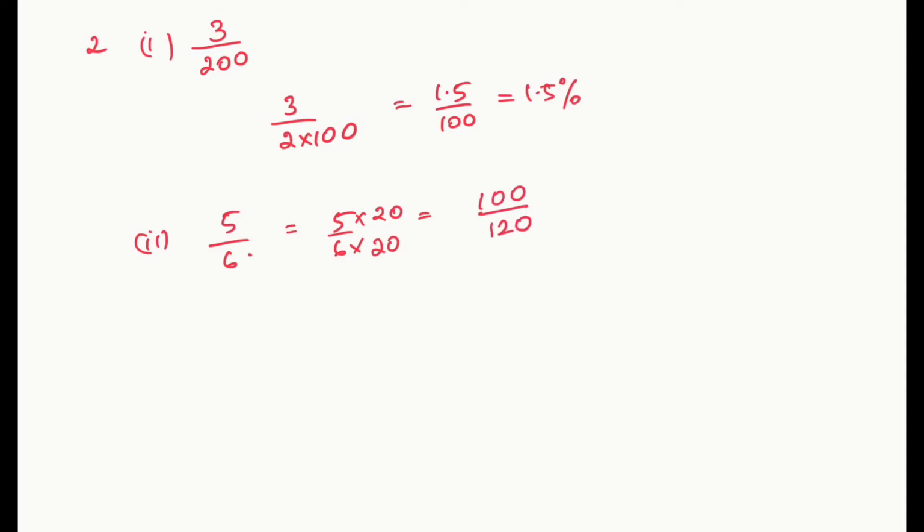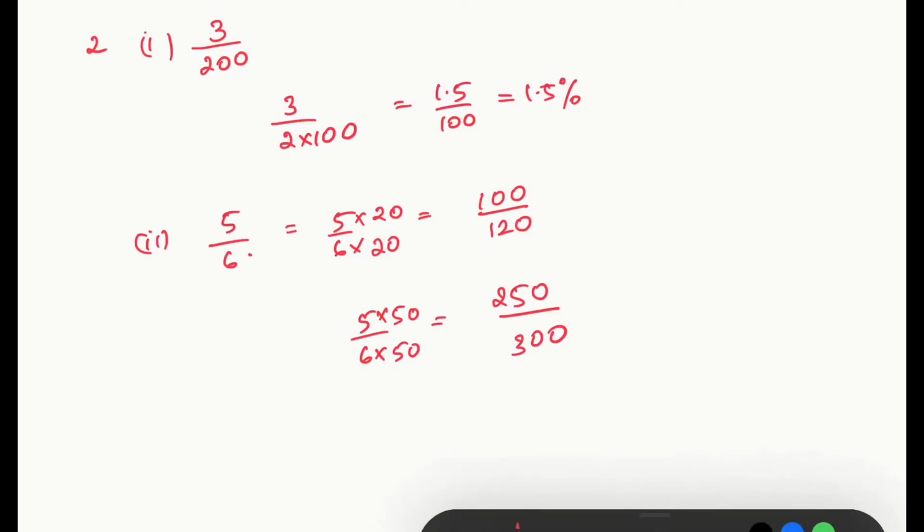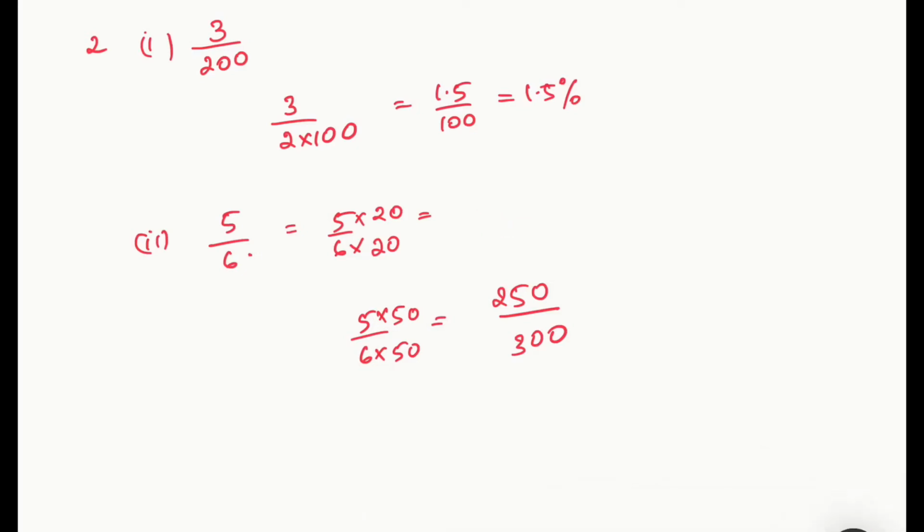Instead of that, I can take 5 by 6 into 50, so I get 250 by 300. Because I need the denominator as 100 itself, I am doing this.